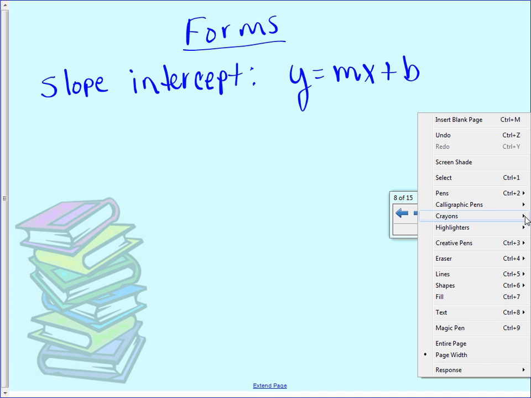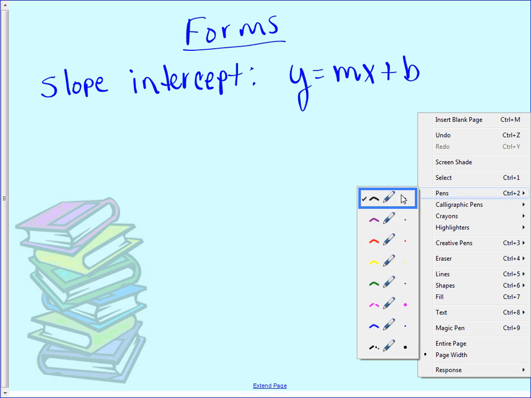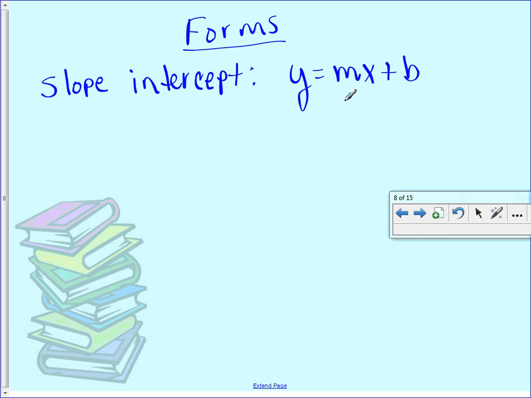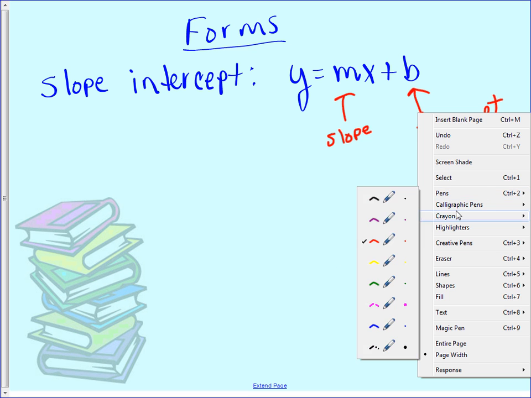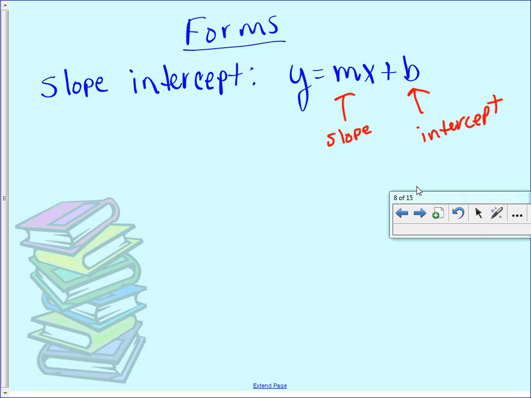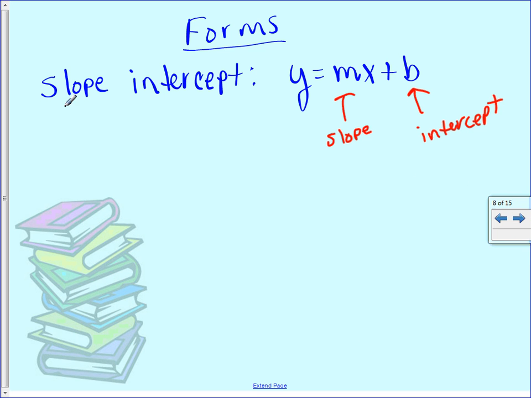The reason why we call it slope intercept form, just to help you remember, is that this is your slope and this is your intercept, okay, for the y-axis. Does that make sense? I mean, that's pretty standard right there, a standard explanation just to help you remember. Slope intercept means my equation has to look like this with the slope and then the intercept, okay?